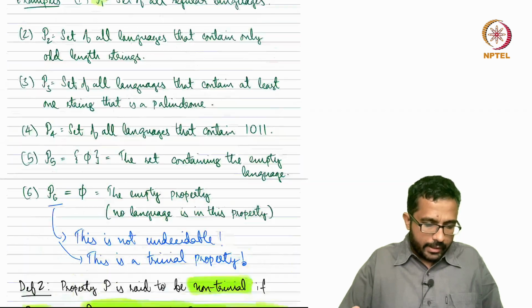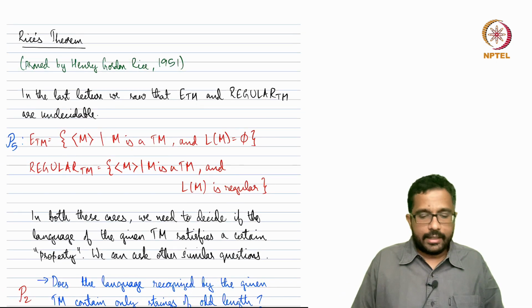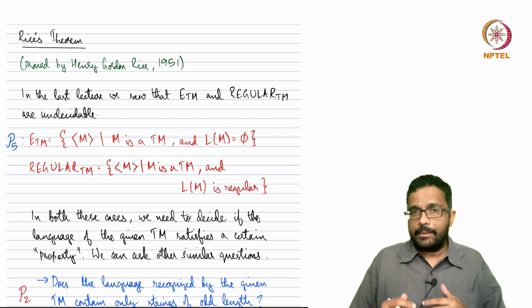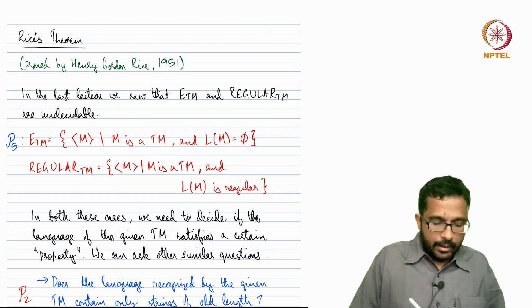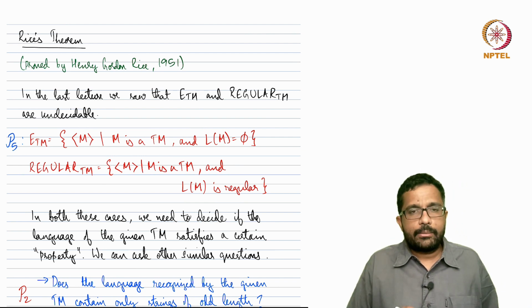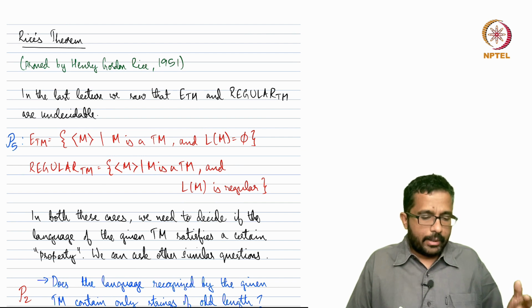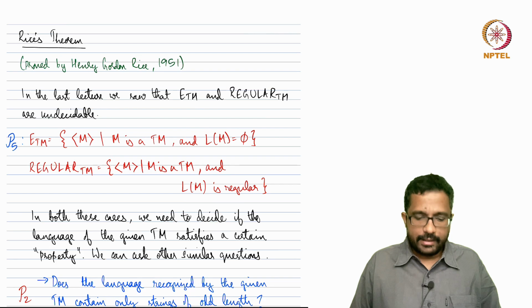So automatically, whatever we did last class, like ETM is undecidable, regular TM is undecidable, both of them now immediately follow as consequences of Rice's theorem, because being empty is a property and being regular is another property. They are both non-trivial properties. So immediately by application of Rice's theorem, we know that ETM is undecidable and regular TM is undecidable.